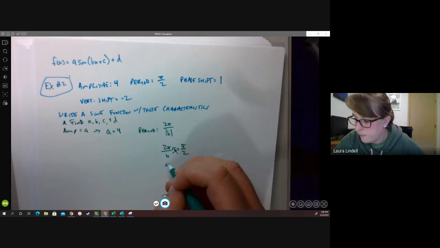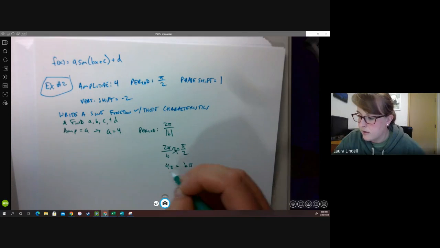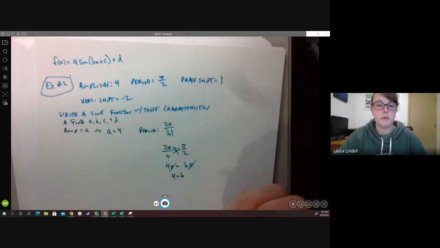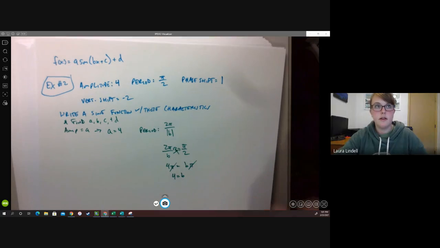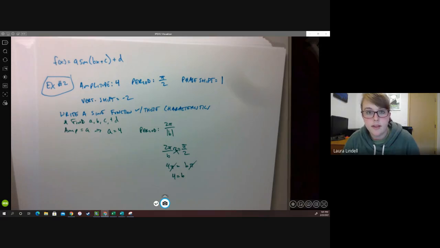We get 4 pi equals B pi. Divide by pi on both sides. And we get that B is 4. So we found A and B already. And that's good because in order to find C, in order to find what's working with our phase shift here, we already need to have B because phase shift has two variables involved.